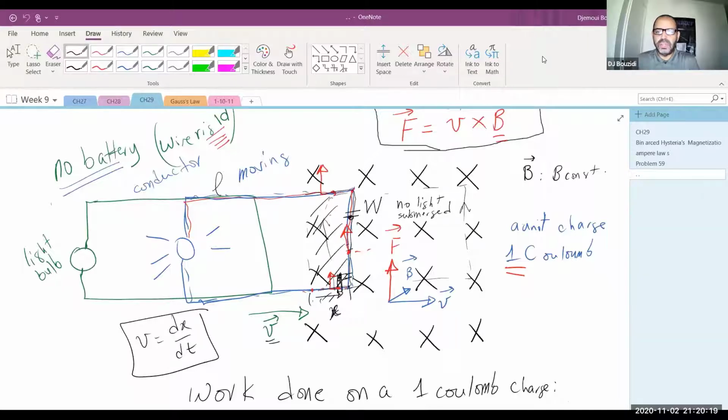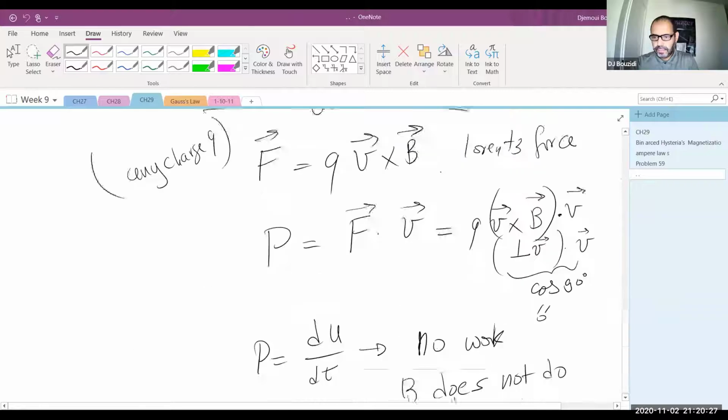If the magnetic field does not... Okay, let me give you the choices. How many choices do you think you have? Can anybody tell me? Roughly, any number? I'm going to give you choices to choose between.